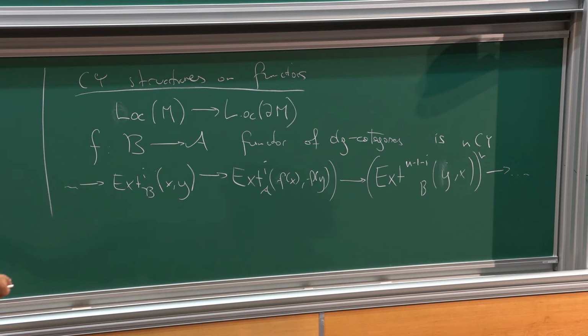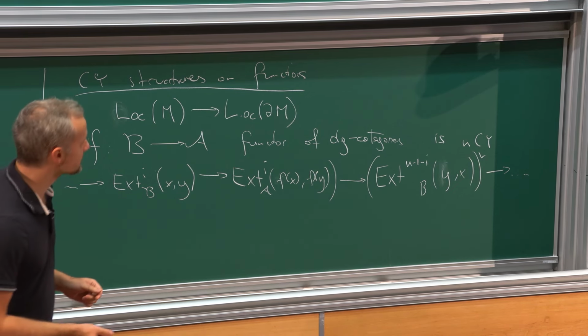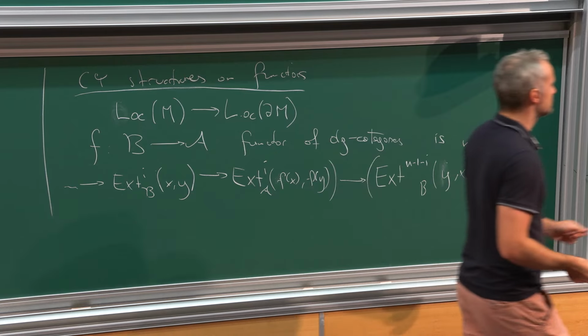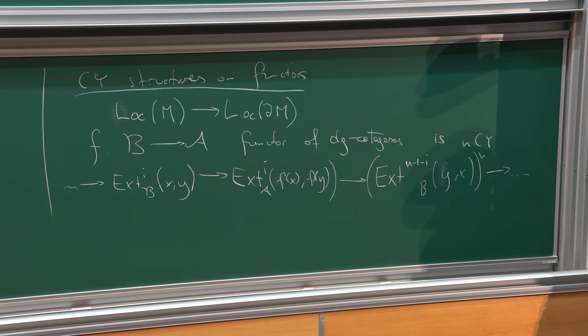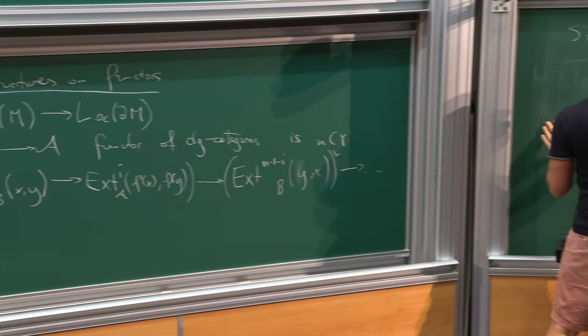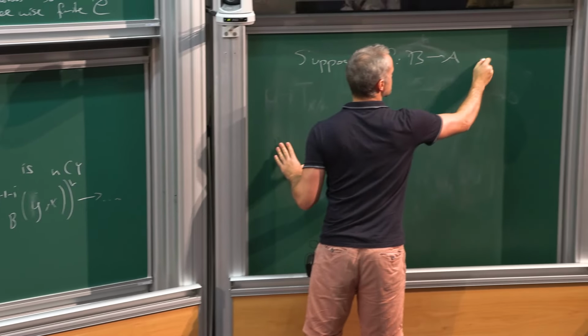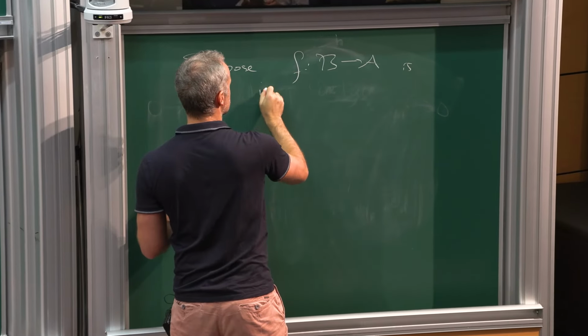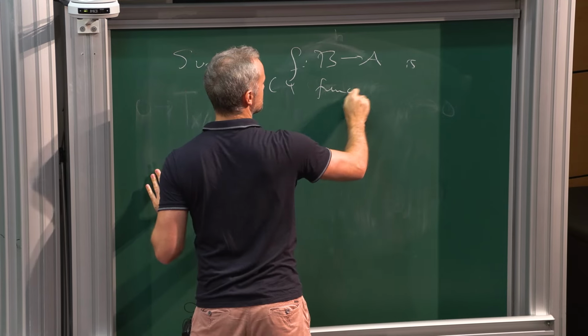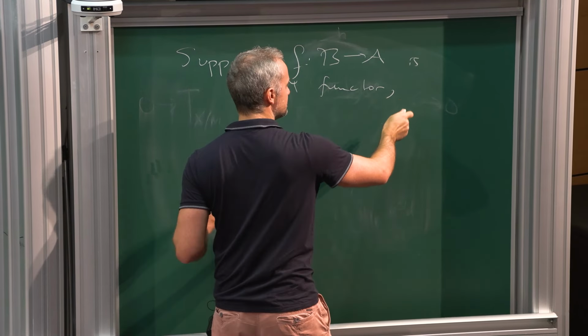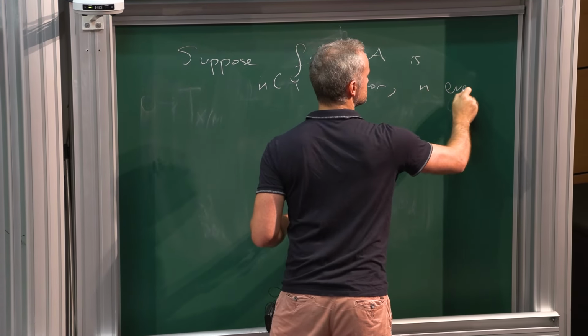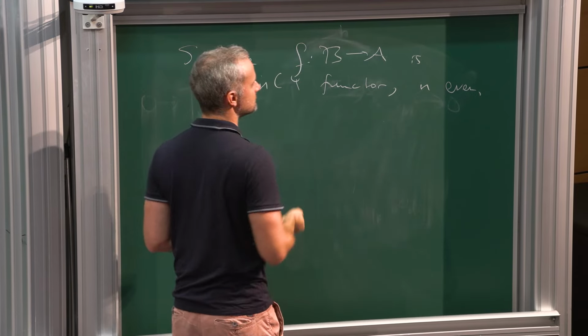So suppose f is an n-CY functor, and now n should be even. Sorry, what's the definition?